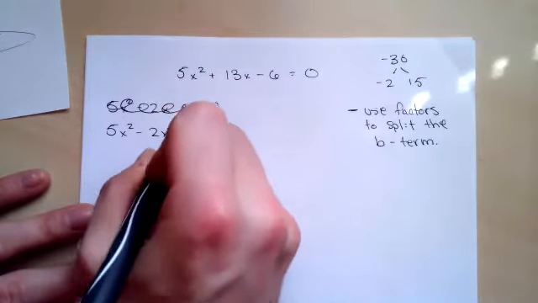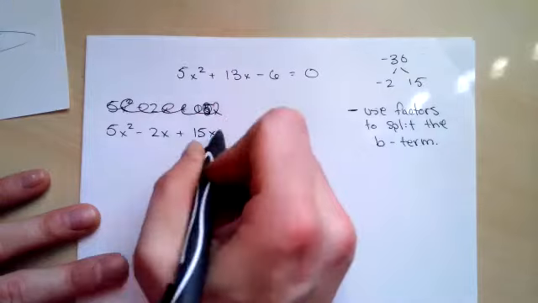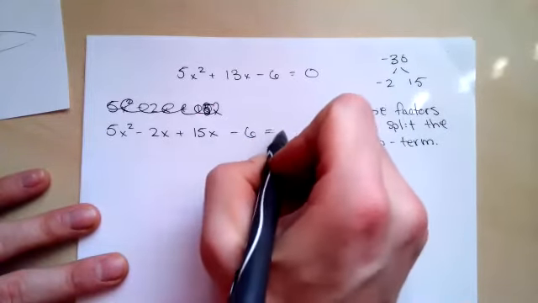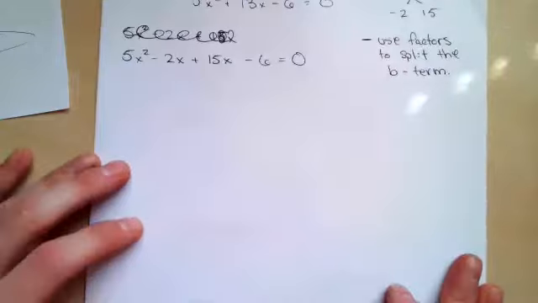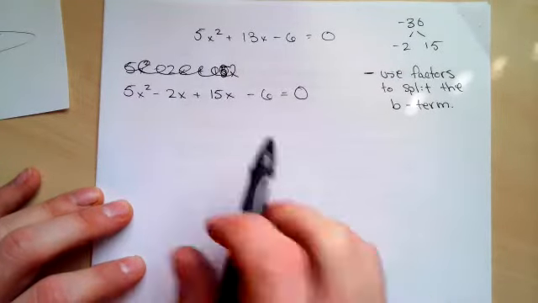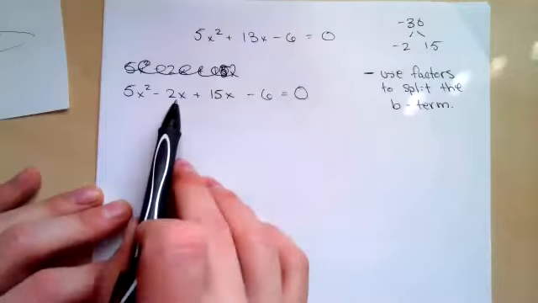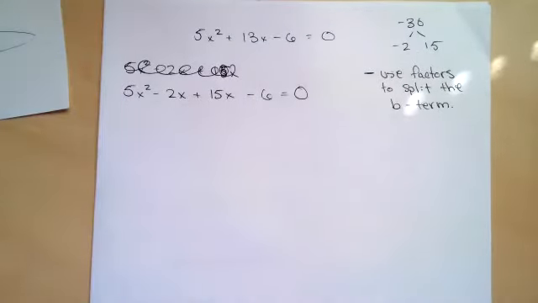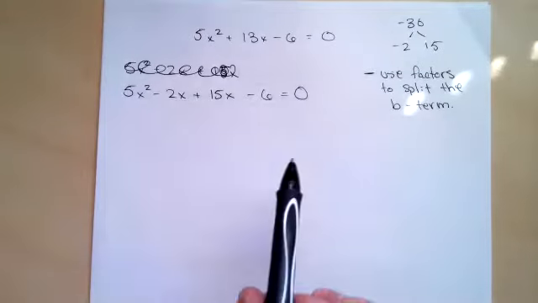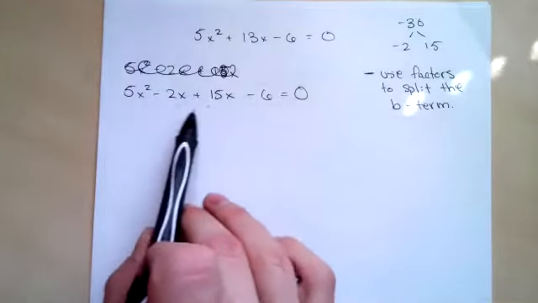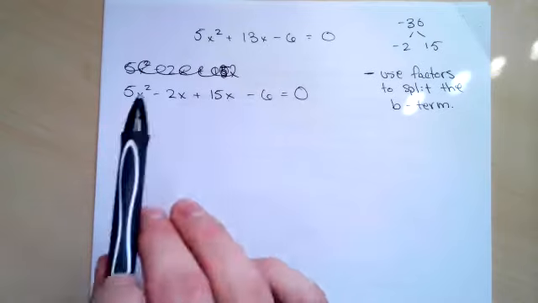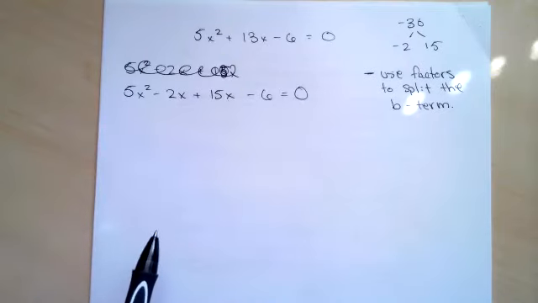So negative 2x plus 15x. And then we've got minus 6 equals 0. So that's how we're splitting. We're finding those factors that add to the b term specifically so we can split it. And a few notes, it doesn't matter what order we put those in. I could have written it as plus 15x minus 2x or vice versa. Shouldn't matter.